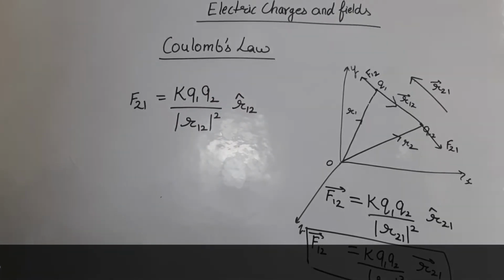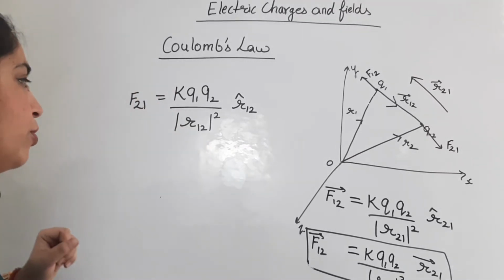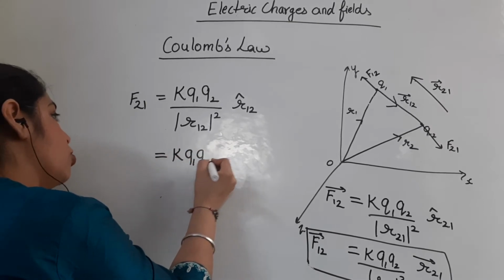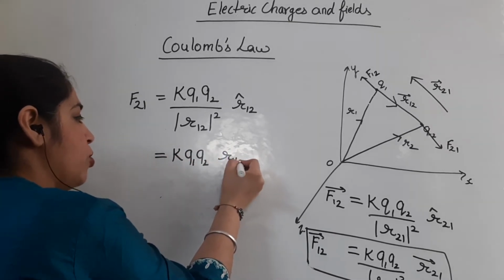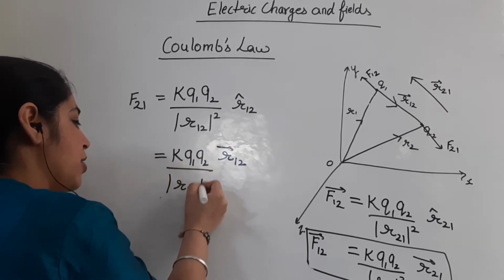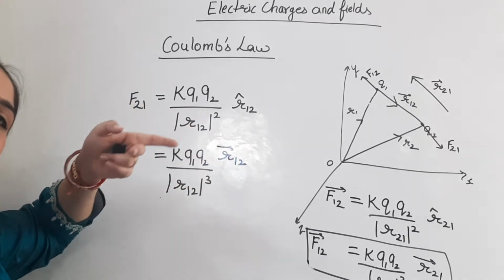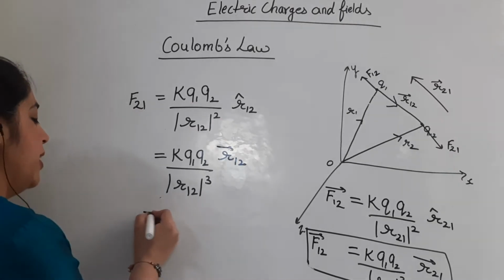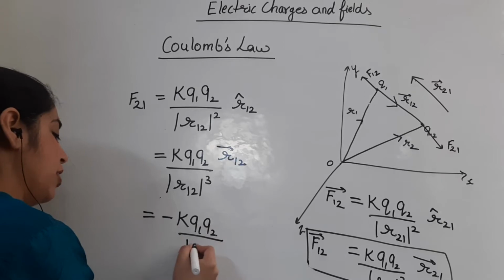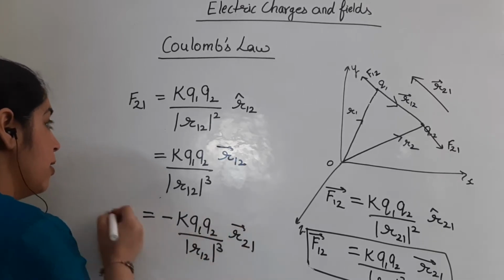So this is F21. Similar lines, multiply and divide with the magnitude of R12. So we will get K Q1 Q2 R12 vector over magnitude of R12 cube. Now R12 could be written as minus of R21. So we can write down minus K Q1 Q2 upon magnitude of R12 cube into R21.